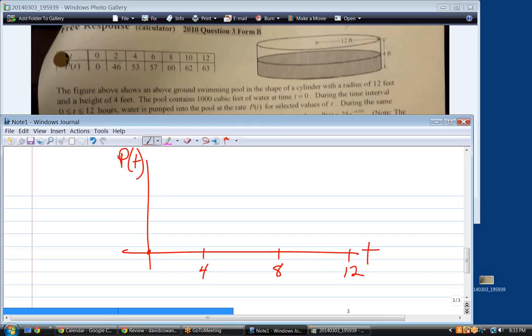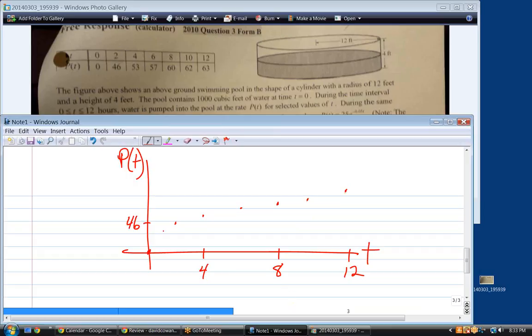And we have values of 0. We'll call that 46. We'll call this 53. We'll call this 57. Call that 60. Call that 62. And call that 63.